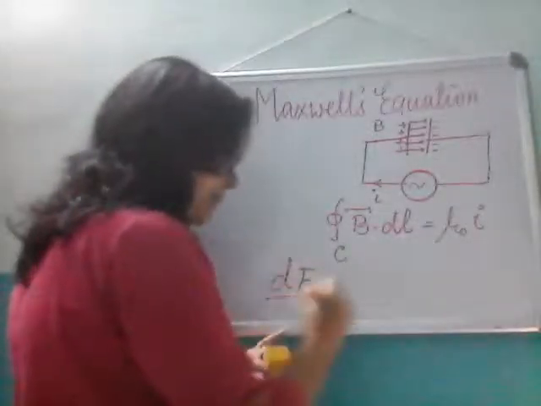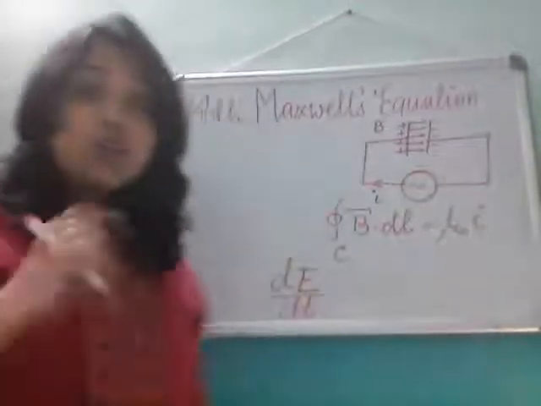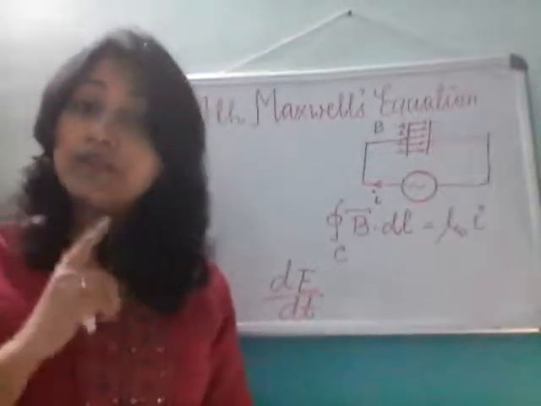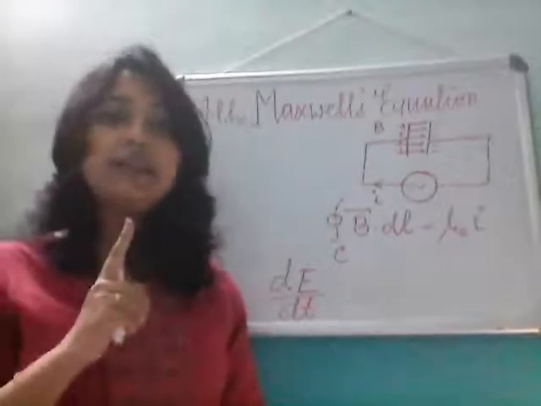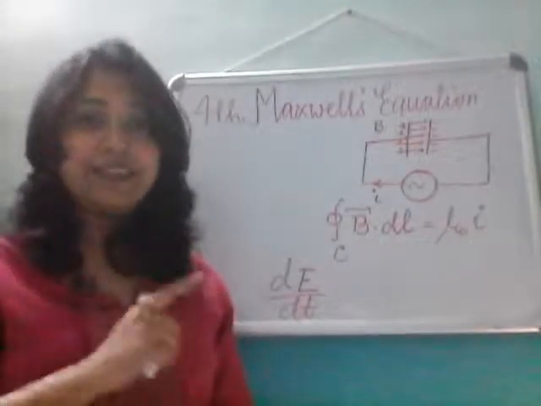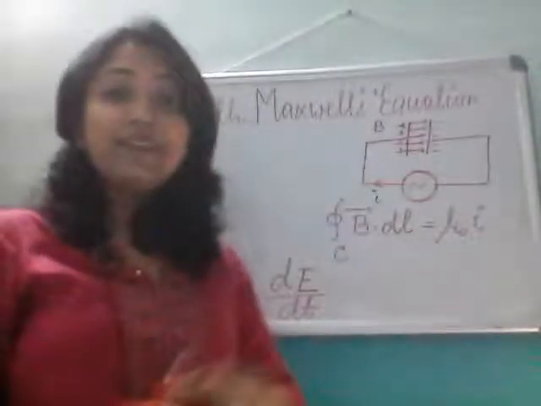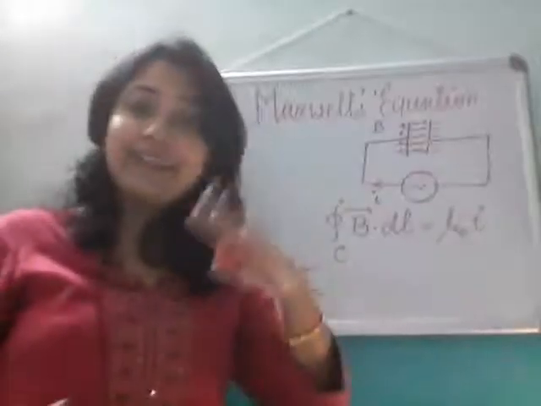It is continuously changing with time. So this time change of electric field must be creating a magnetic field, and that must be the cause of the deflection of the magnetic medium.